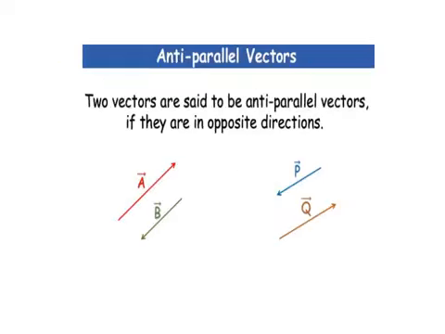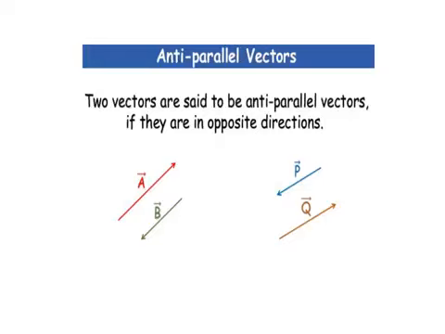The next type is antiparallel vectors. Two vectors are said to be antiparallel vectors if they are in opposite direction. Now you can see that these vectors are not parallel vectors, as the two vectors A and B in figure number 1 are not in the same direction. Similarly, in the other figure, P and Q are also not parallel, and they don't have the same magnitude.